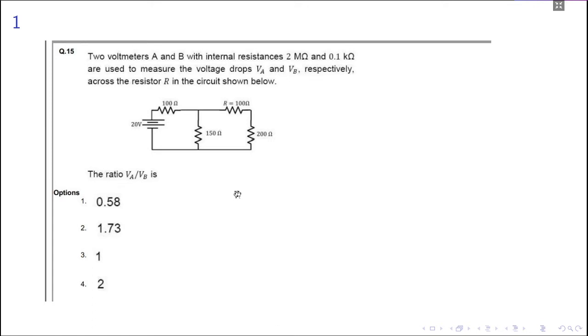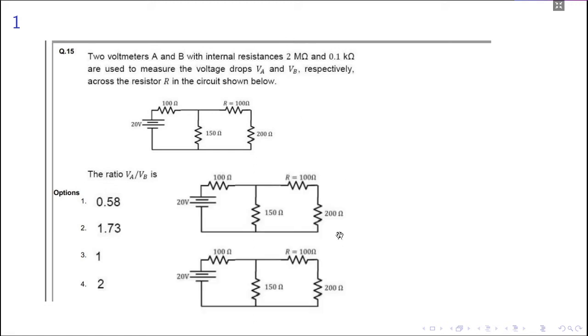So first of all, we start with this voltmeter, which has 2 mega ohm internal resistance. So this is the circuit for both of them. Once you put a 2 mega ohm resistance here, that resistance is very high as compared to a 100 ohm resistor, right? So most of the current will actually be flowing through this only, and the equivalent resistance will be very close to 100.